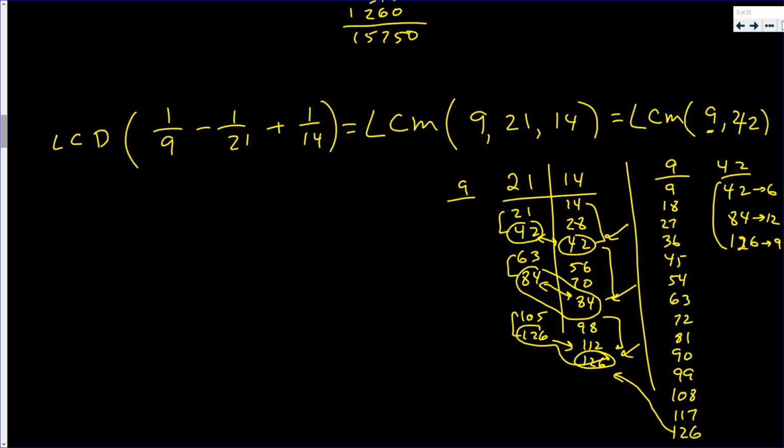Okay, it turned out it didn't matter in this case because we already listed 126. But what if it was going to be, let me think, 168, 210, 252, 294. I only wrote down a handful of numbers on the 42 table.